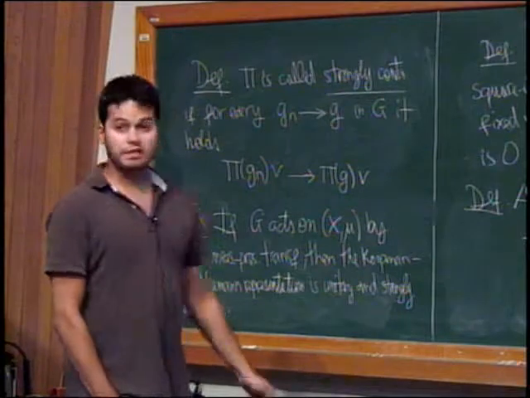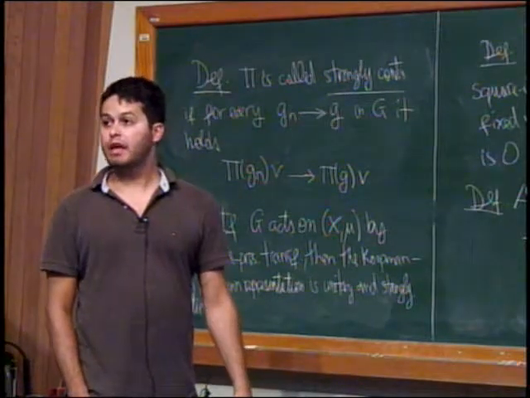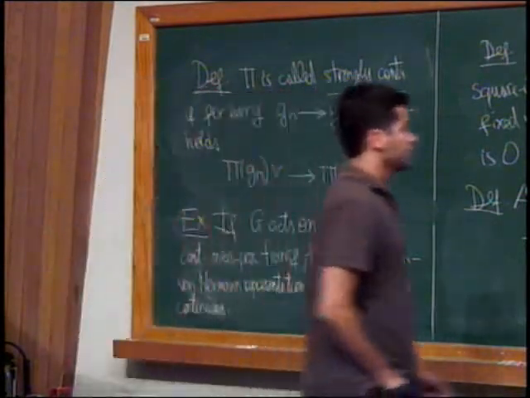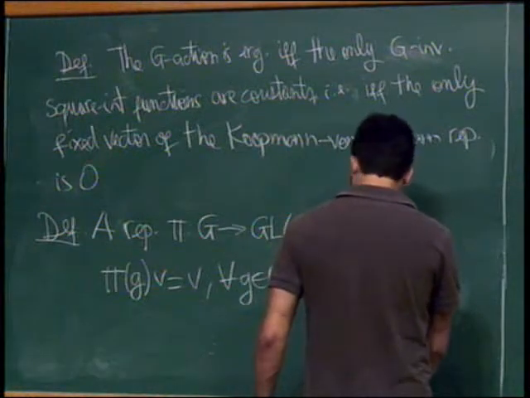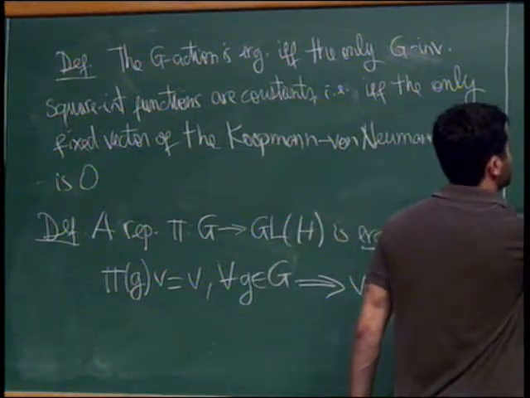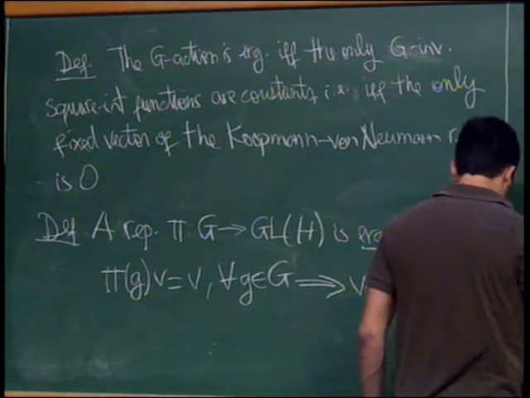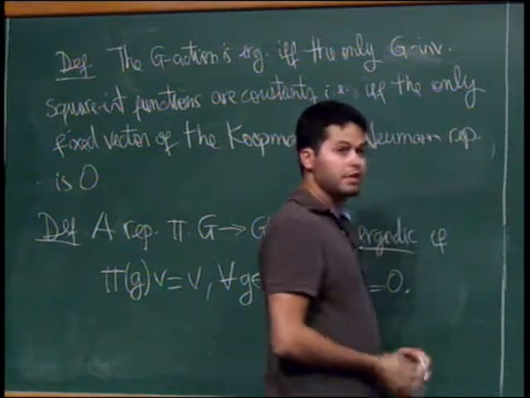So what about now mixing? What does mixing tell us? In terms of the Koopman von Neumann operator, in the situation of one transformation, we know exactly what mixing means.